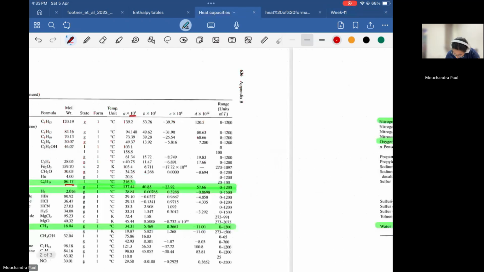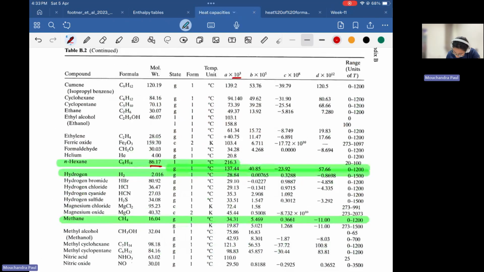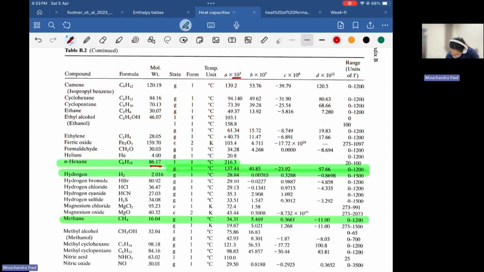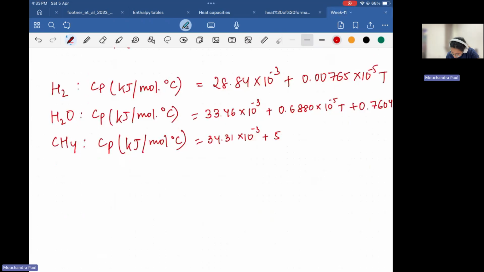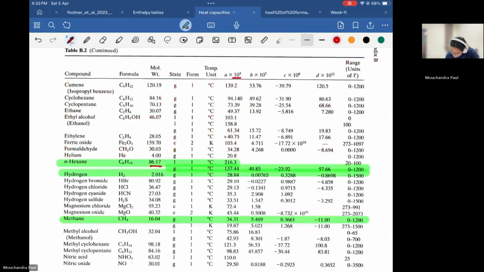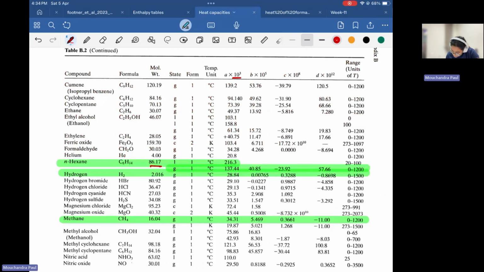For methane, it is 34.31, 5.469, 0.3661, minus 11.